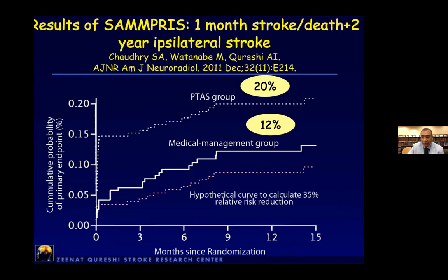So there is a significantly higher risk of adverse events with stent placement as compared to medical management, and it is primarily driven by a much higher rate of adverse events in the first month in the stent group. Really, the stent group had to perform better than the medical management group, so the peri-procedural adverse event rate has to be low enough that at 1 year, you're doing better than best medical management.